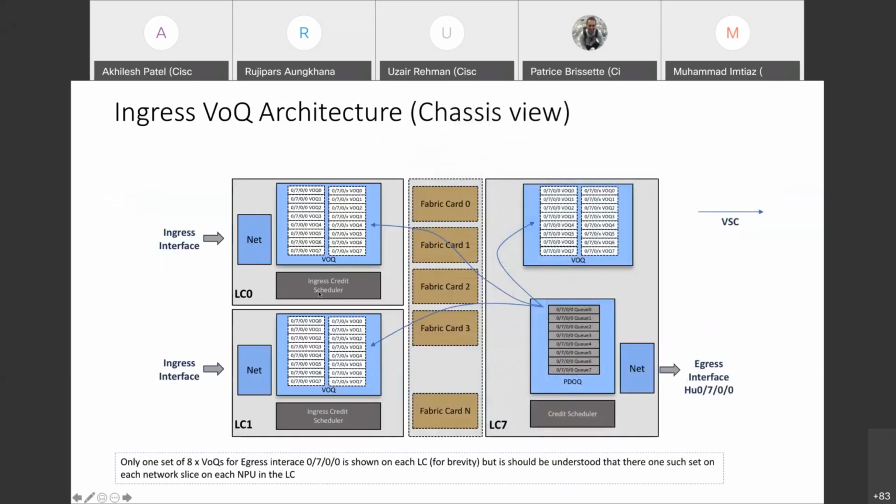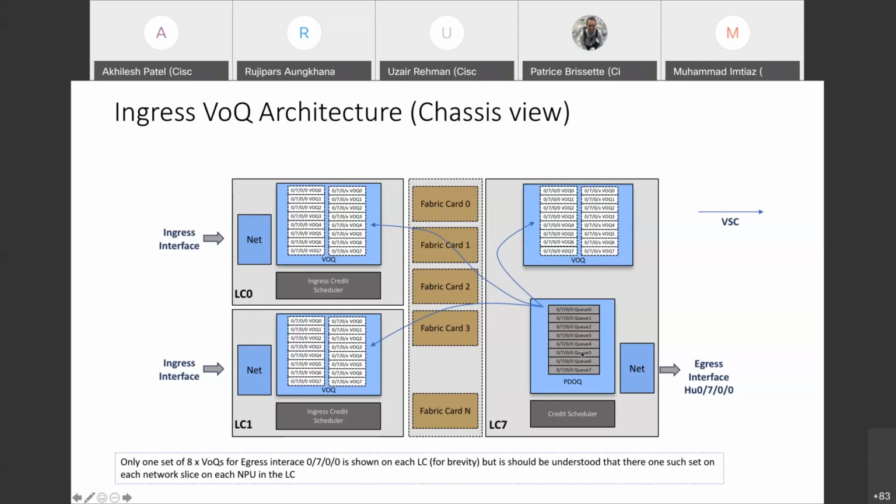This is the chassis view of the whole VOQ architecture, where you have 2 ingress line cards, LC0 and LC1, and an egress line card, LC7. On the egress line card, we have an egress interface, 100 gig 0700. By the way, any interface can be the incoming interface for this particular egress interface.